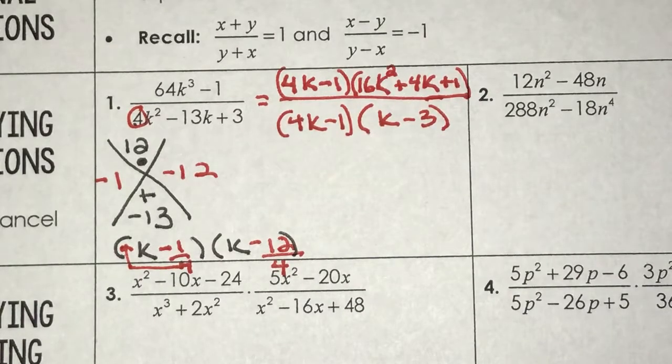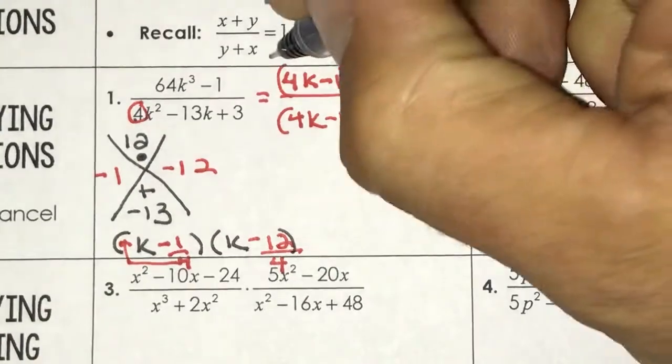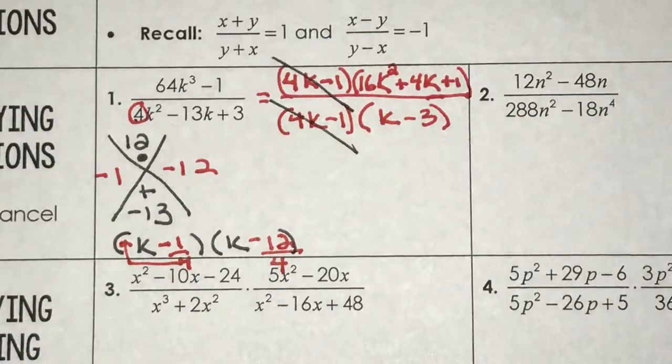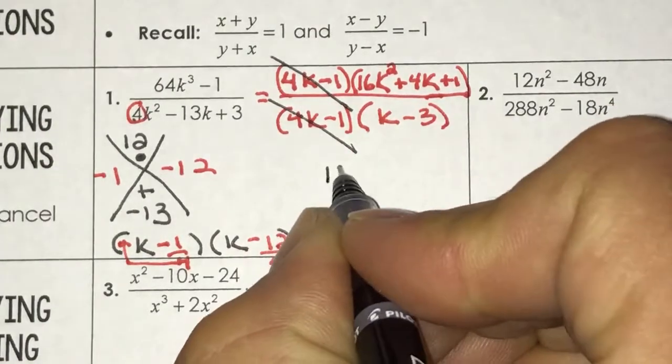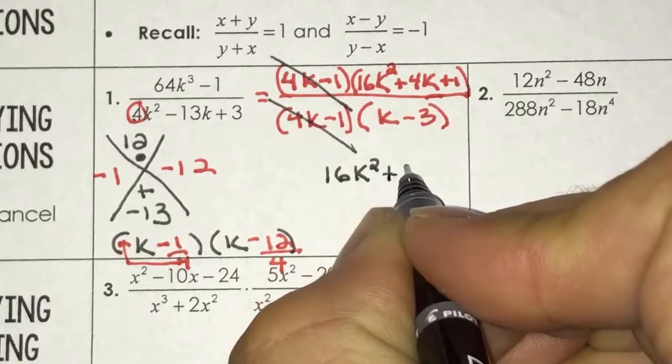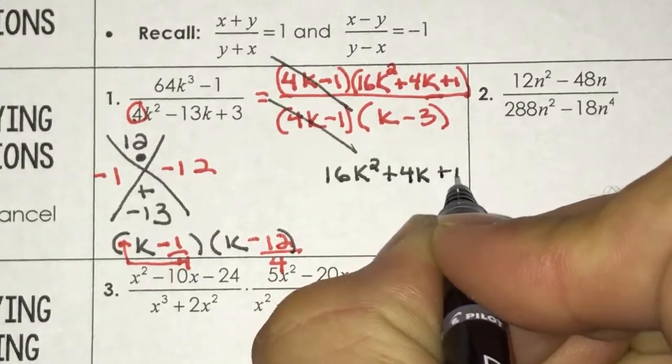Okay, now once everything is factored, whatever the numerator and denominator have in common, you can cancel. So this will cancel with this. And my final answer is 16k squared plus 4k plus 1.